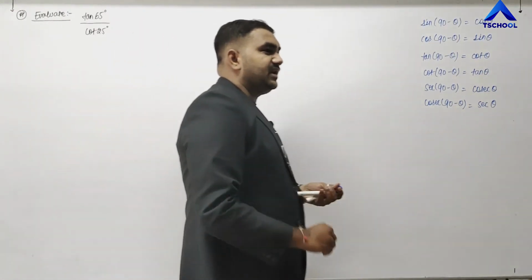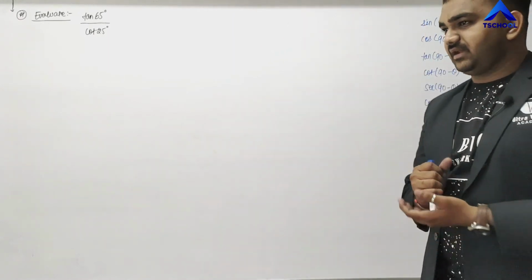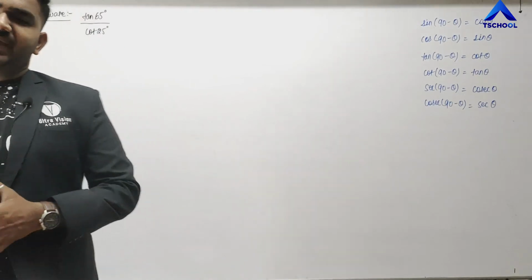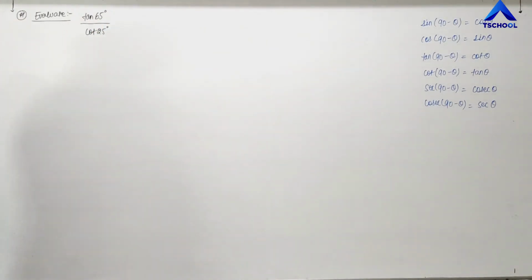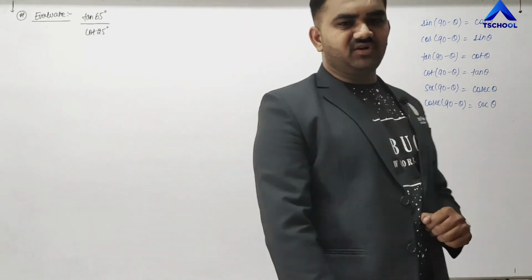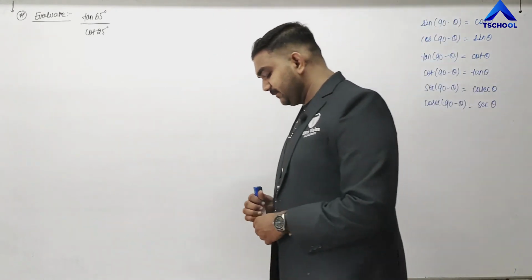So tan 65 degree divided by cot 25 degree. If you see here, these angles are such that we don't have their direct values in the table. Neither can we find the values of these ratios easily.